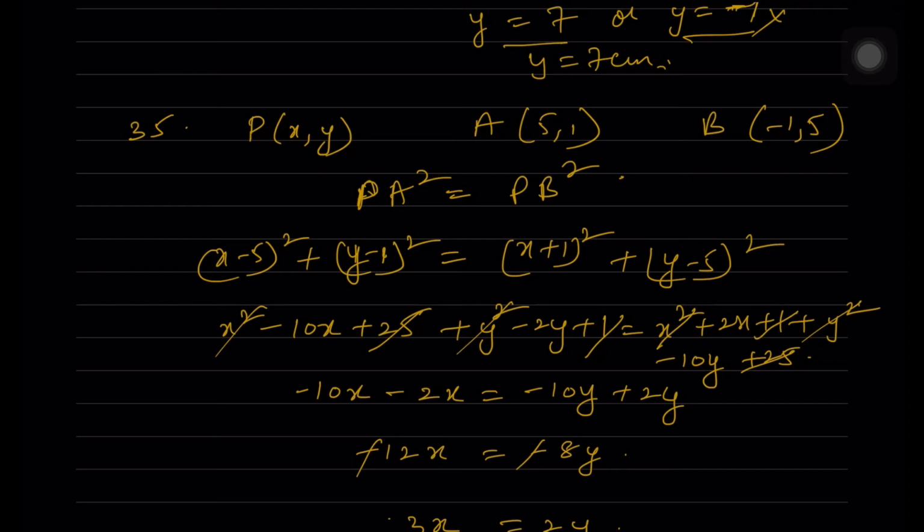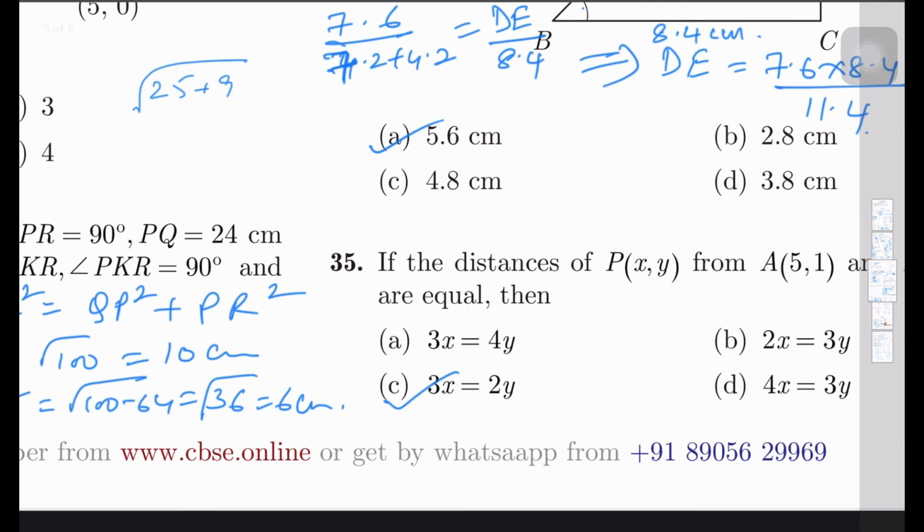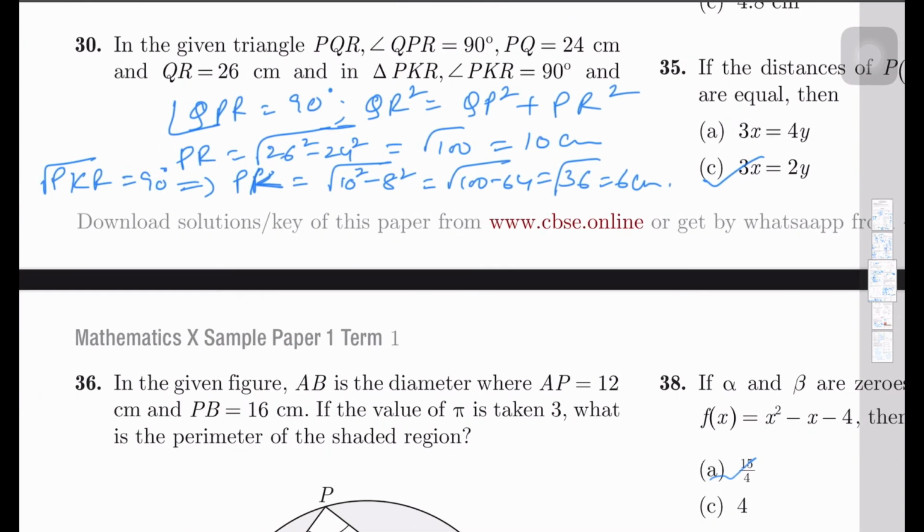Then minus 2y, I took to the other side, it became plus 2y. So you're getting minus 12x is equal to minus 8y, or 4 3s are 12, 4 2s are 8. So I'm dividing by 4 throughout on both sides, that is 3x is equal to 2y. So for the 35th problem, you're having 3x is equal to 2y.